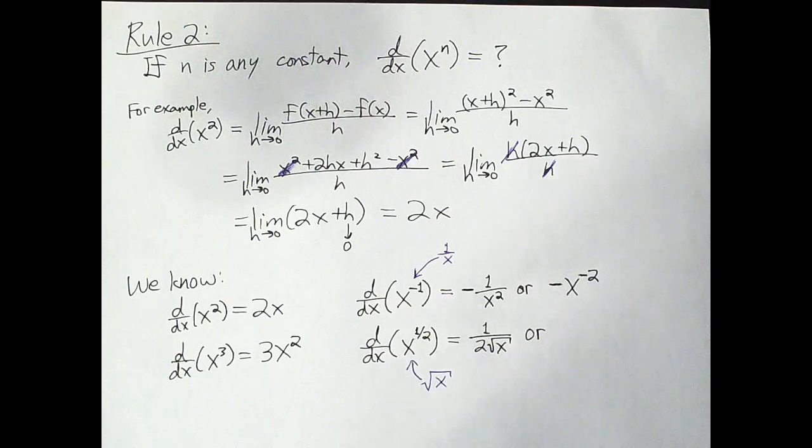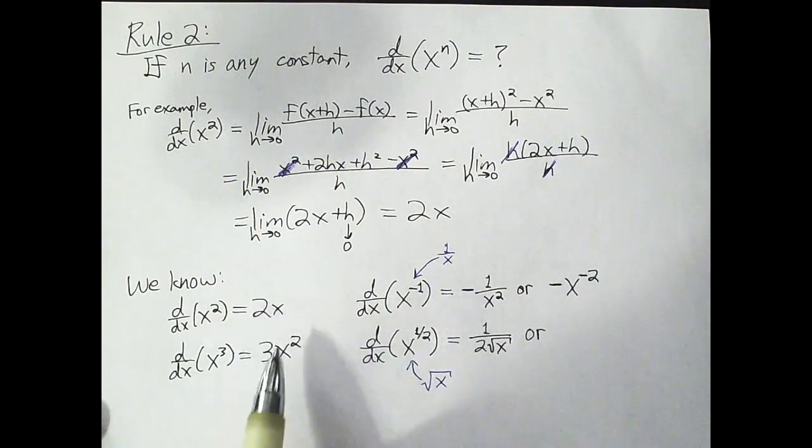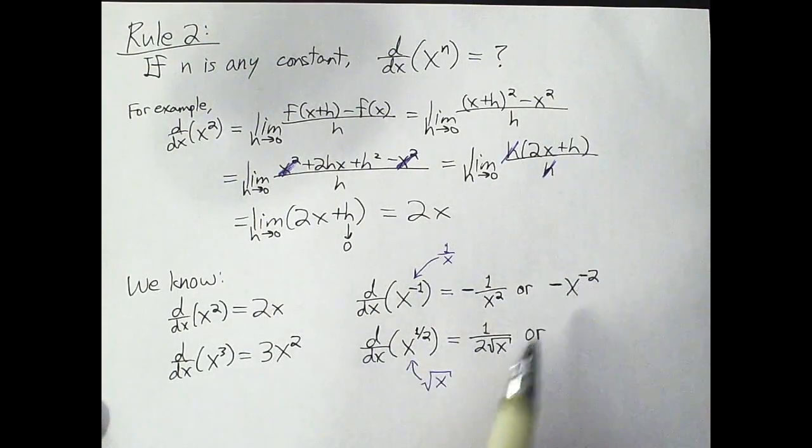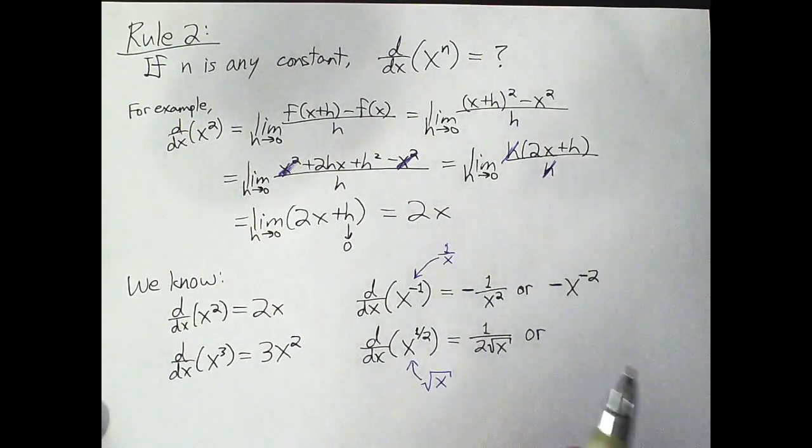I'd like to write this answer in another way also. Having a square root in the denominator is not great. And also, let's try to make all four of these answers look like they fit the same format: 2x, 3x squared, negative x to the negative 2. Let's try to get them all to look like x raised to some power.